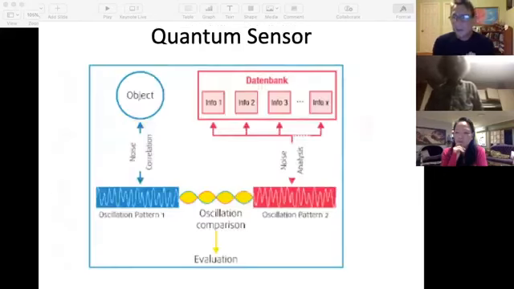Now, this is a little diagram which shows you the quantum sensor. On the left-hand side, I wish I knew how to use a pointer here, but I've got no arrow or anything.